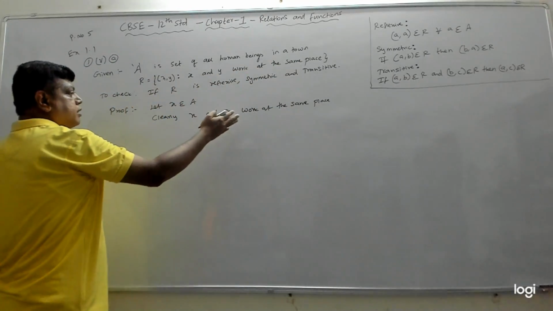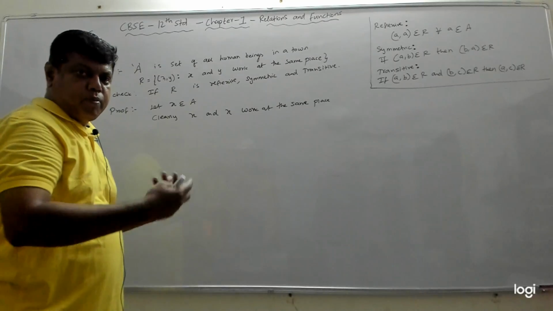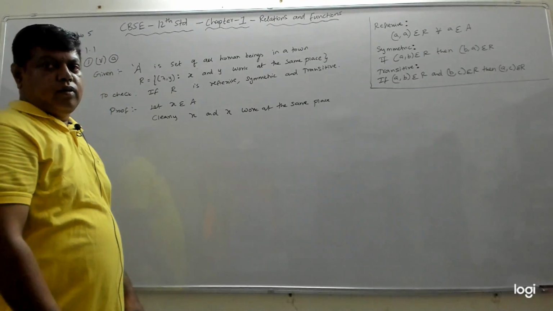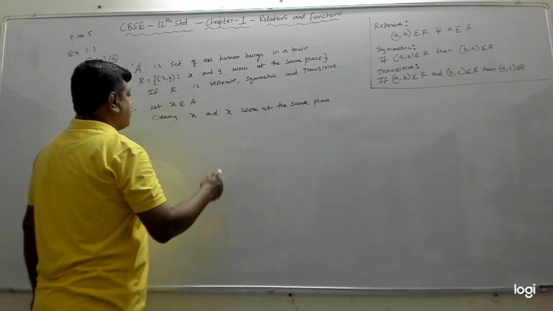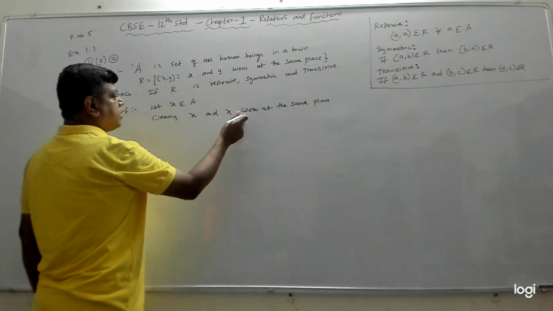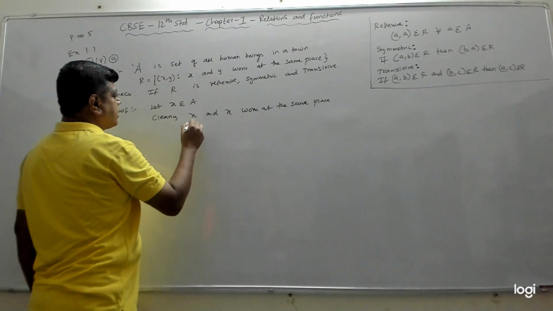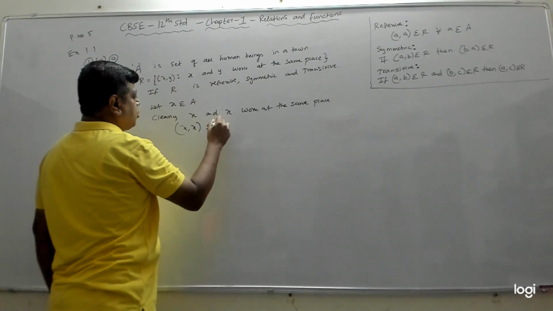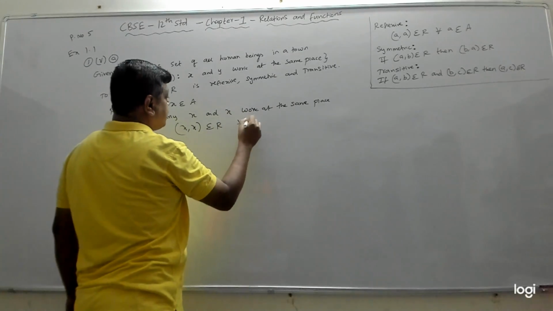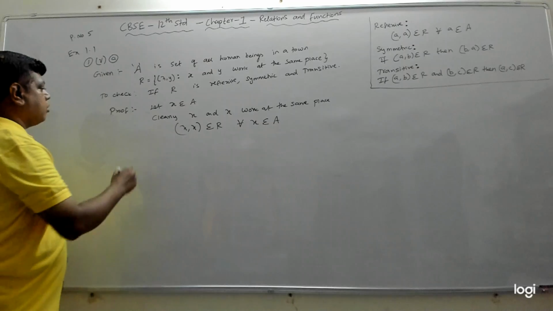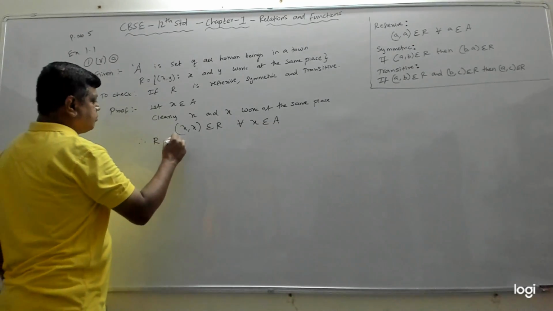And X and X will obviously work at the same place, the same person is related to himself because the same person works at the same place, right? So clearly x comma x work at the same place. So when x comma x work at the same place, then we can say x comma x belongs to R. And this is true for every x, which means every human being coming from the set A. Therefore, R is reflexive.